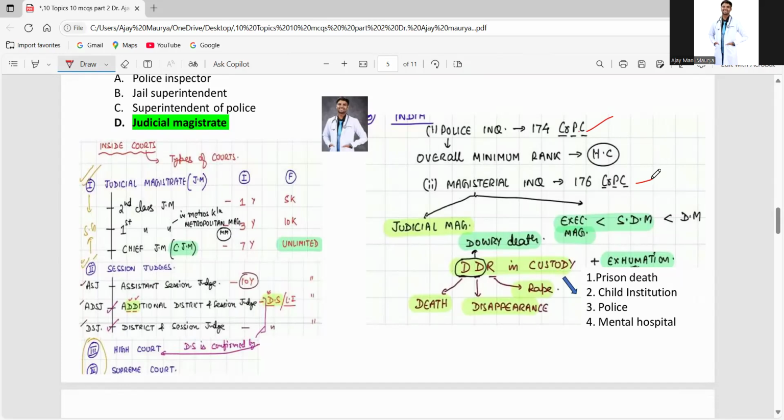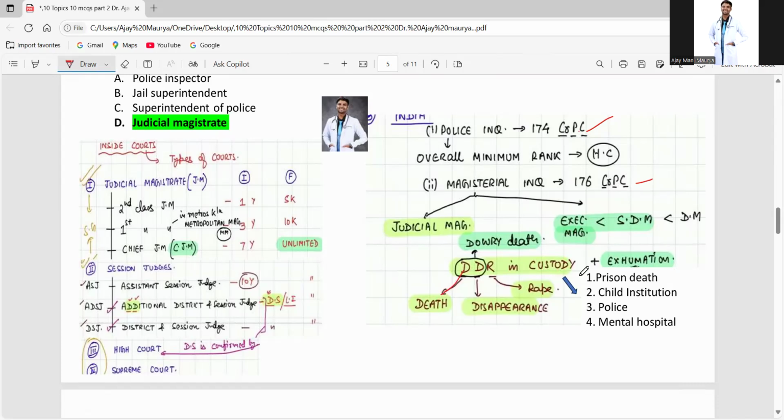Judicial magistrate. The mnemonic is DDR. Remember DDR. The judicial magistrate will inquire only into death in prison, death in a child institution, death in custody, and disappearance from a mental hospital.